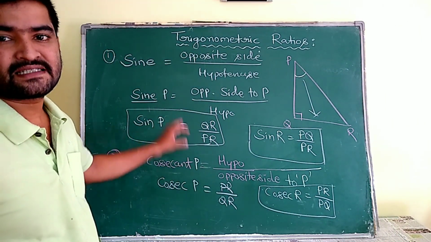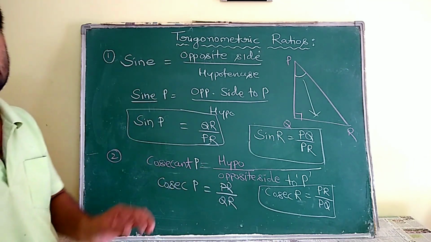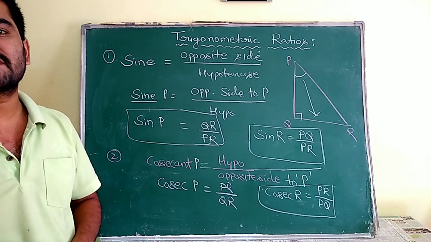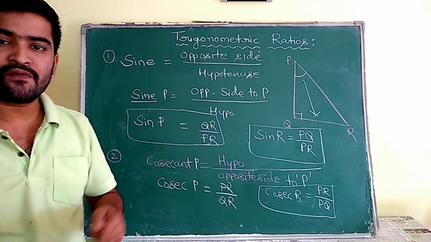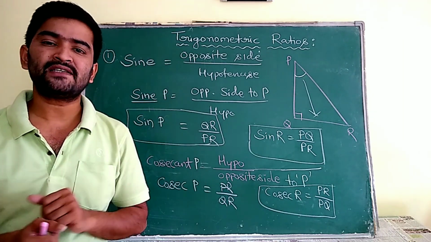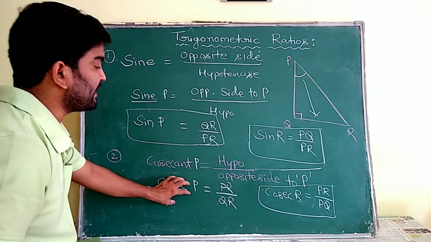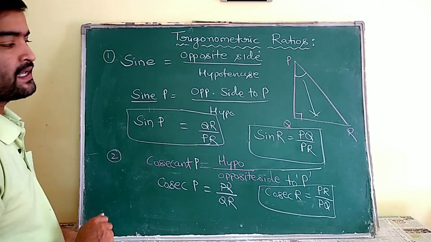As we discussed, sine and cosecant are reciprocal to each other. Then sine into cosecant gives us 1, because whenever we multiply reciprocal values, it gives us 1. So sine P into cosecant P is equal to 1.